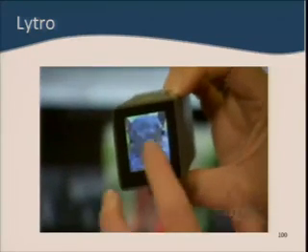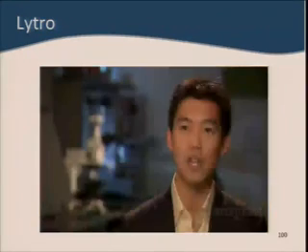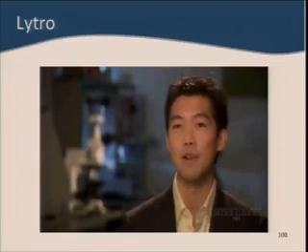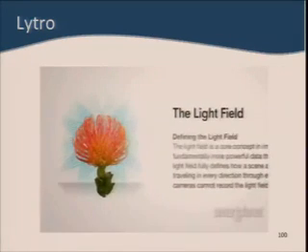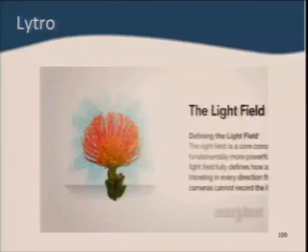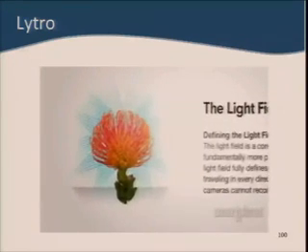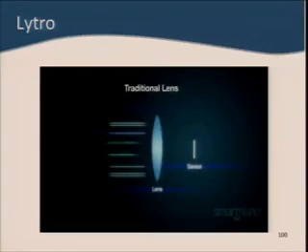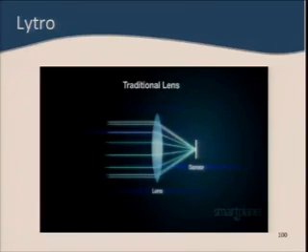Now users can shoot a blurry image and refocus it on the spot. We call it Camera 3.0, where it's about recording an entirely new kind of data called the light field. The light field is the amount of light traveling in every direction through every point in space. Traditional cameras can only record a single plane of light, but Ng's camera can capture the whole light field through a unique sensor. So this is the main innovation.